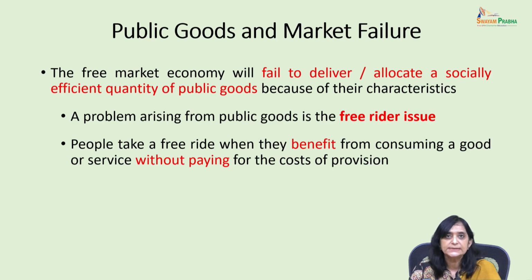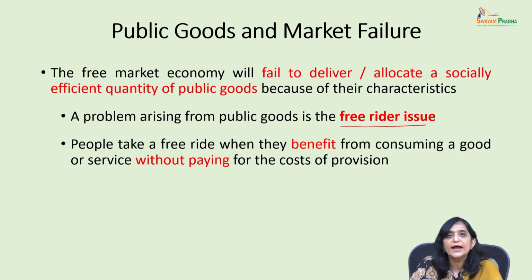We have already discussed that because of non-exclusion, we have a problem of free rider. Free rider means people will be taking the benefit of these goods without actually paying for the cost of provisioning, because you cannot exclude them from the consumption of this.